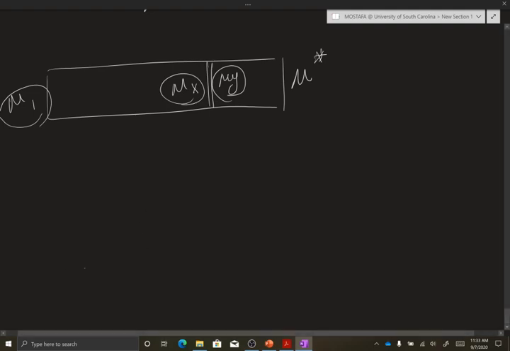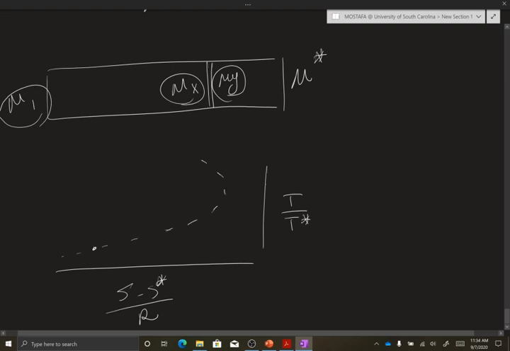If you were to plot this, one of the axes will be T over T star, the other one is delta S over R. You start from point 1, the supersonic condition, on the Fanno line, and you go to the point X, which is before the normal shock.